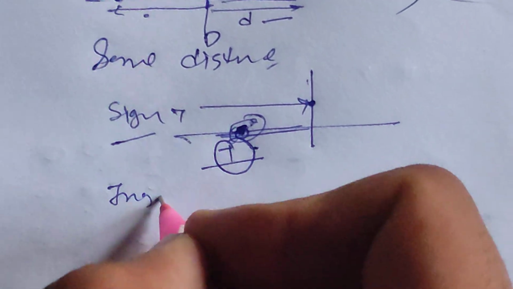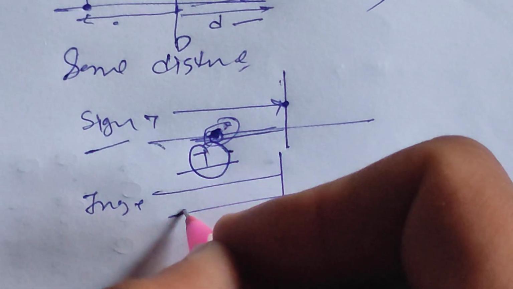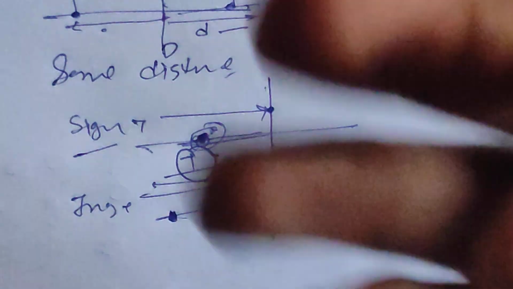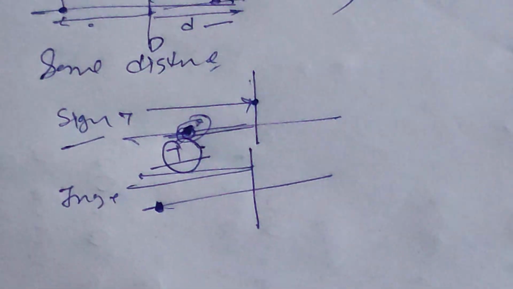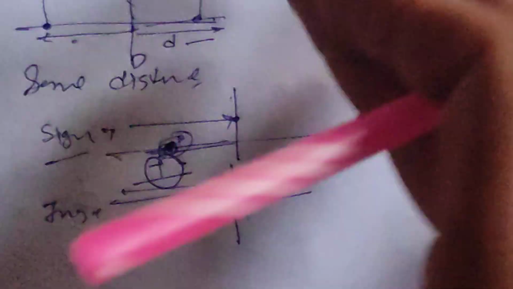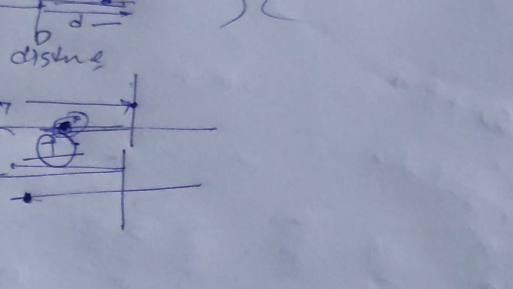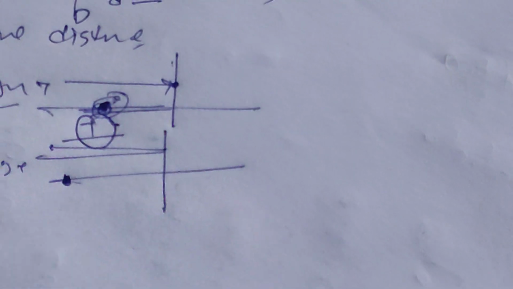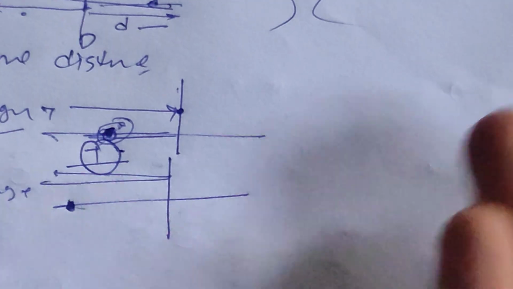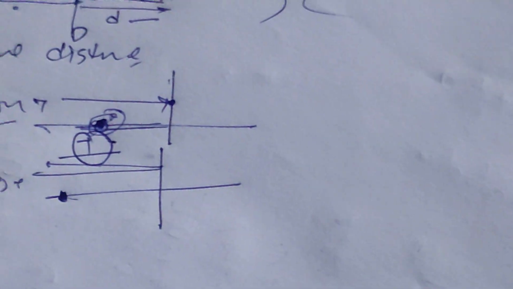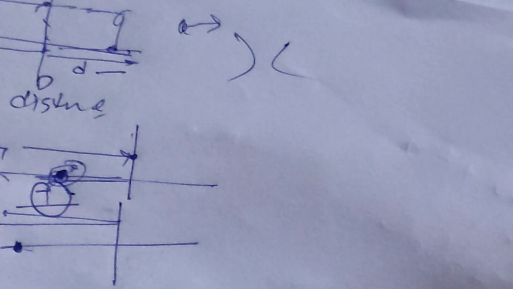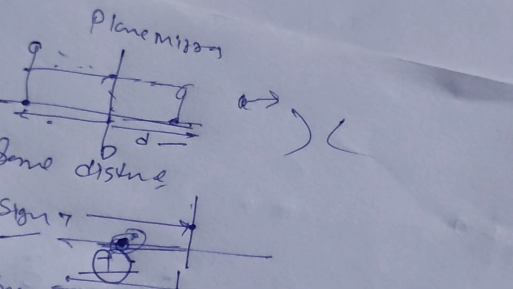For the image, if the image is formed on the side of the reflecting surface where the outgoing rays travel after reflecting, for example, you drop droplets of water and after dropping the water bounces, or you bounce a ball and after bouncing it goes outward from the surface, so the ball is outgoing from the surface.